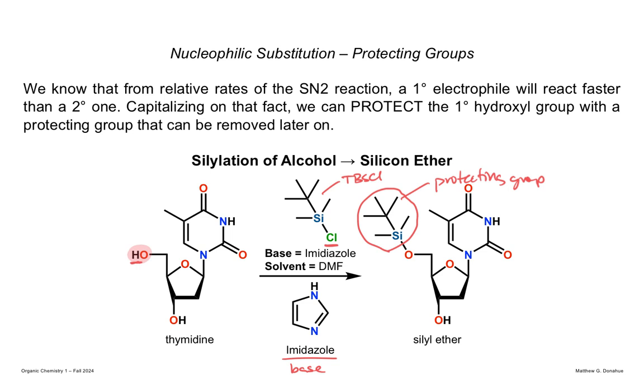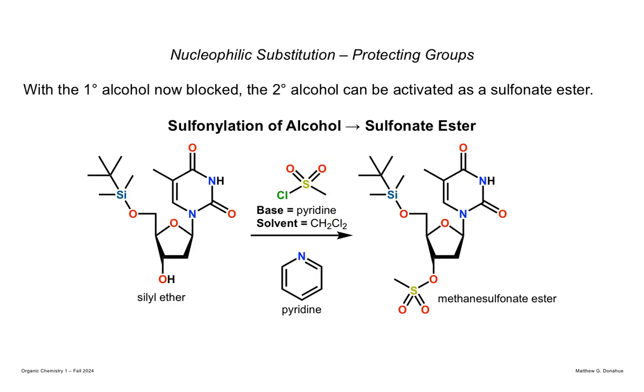So now we've dealt with that issue of the 2 alcohols. The primary alcohol is no longer in play. The next issue at the secondary alcohol, we know that OH is a bad leaving group.